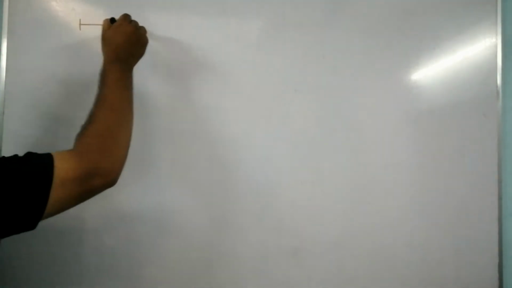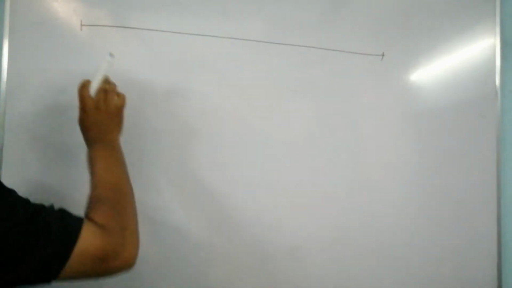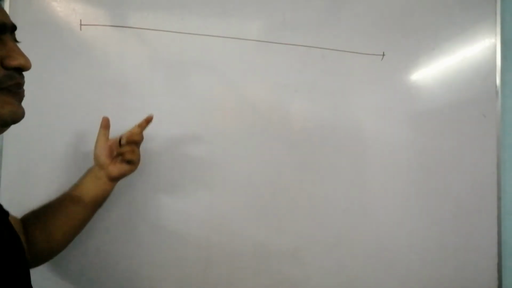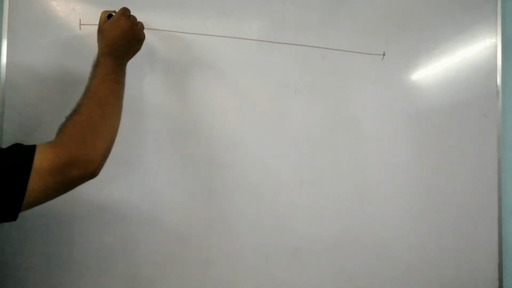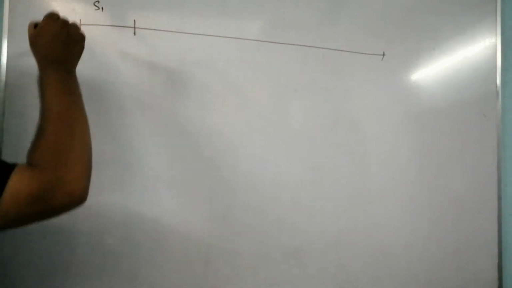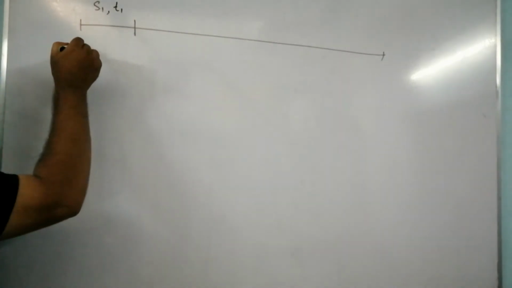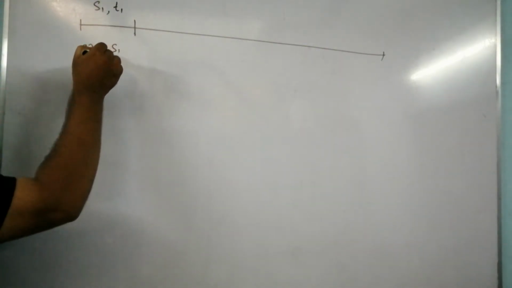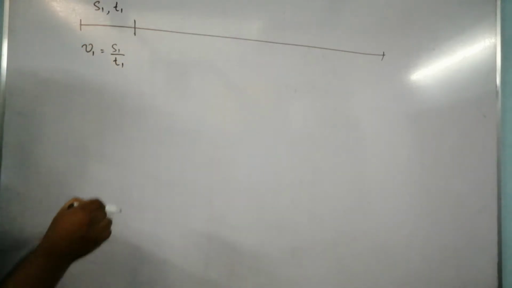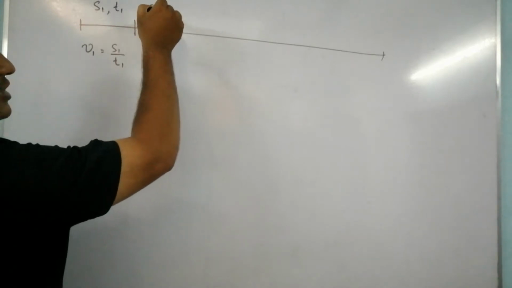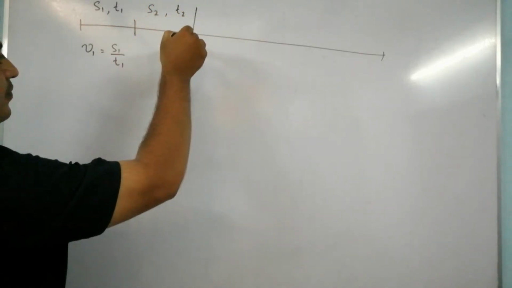Now consider a particle is moving along a straight line. So in this case, speed and velocity are the same. Let it cover s1 distance in time t1. So its speed will be s1 by t1. Let it cover s2 distance in time t2.